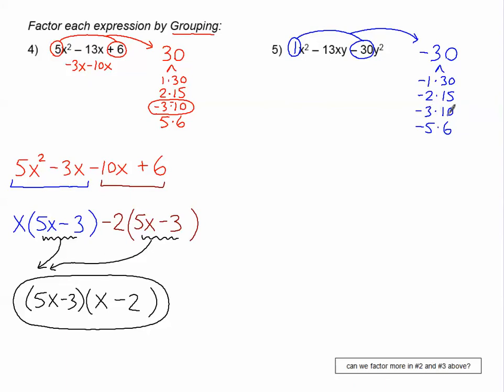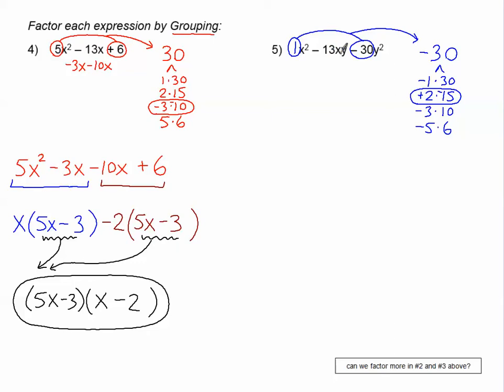It's a negative 3 and a 10. That makes 7. That's not going to help us. It's actually the negative 2 and the 15 that will help us. It's close. This actually adds up to be positive 13. But if I change the negative 2 to a positive 2 and the positive 15 to a negative 15, that will make negative 13. And that's the pair of numbers that I need.